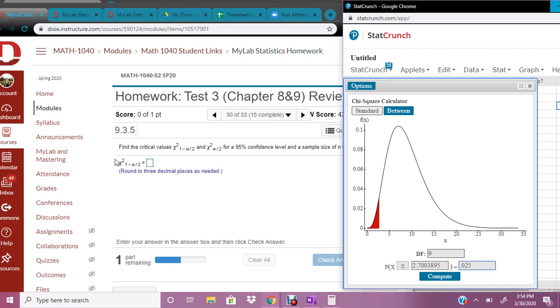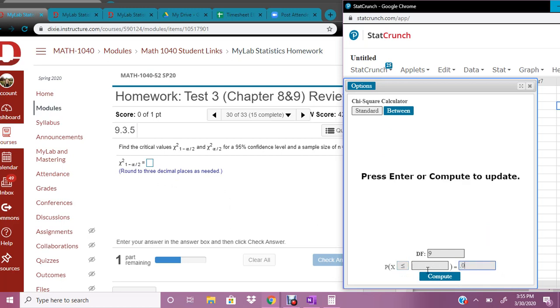And then if it's 1 minus alpha divided by 2, it's going to be this lower number. So if you switch the sign, this one is going to be just your normal x squared alpha divided by 2. But this is the one that it's asking for.